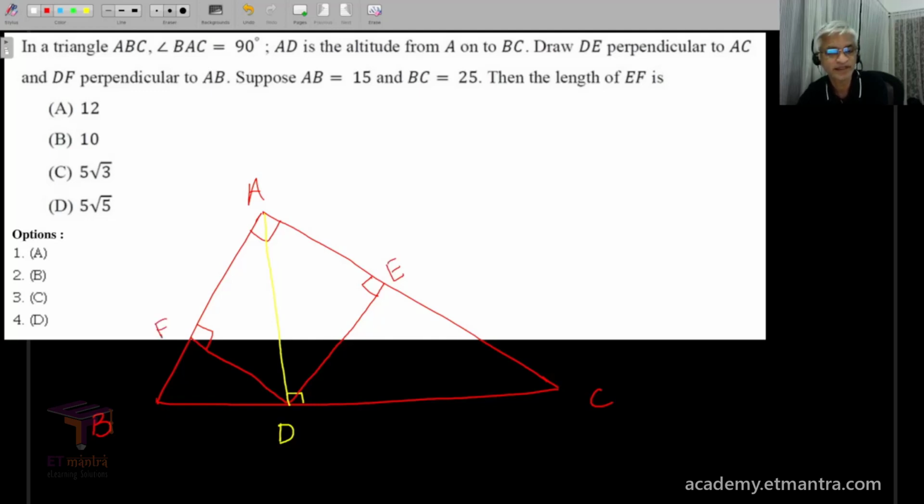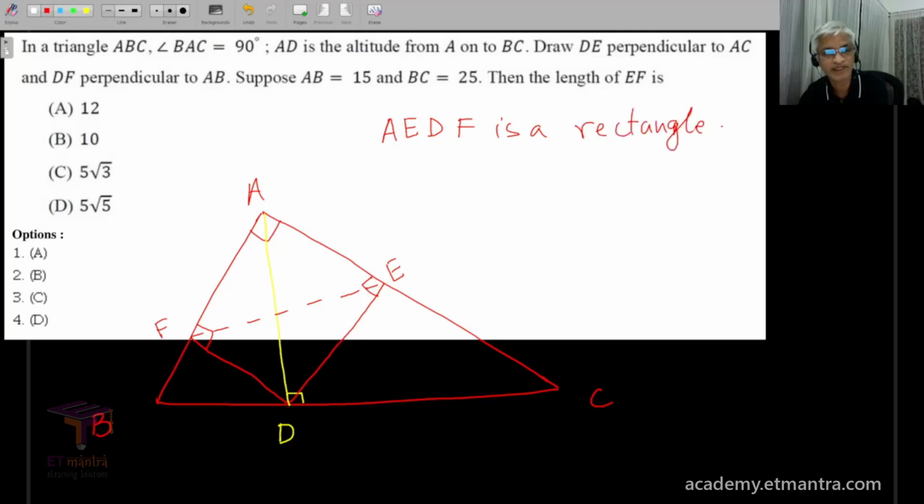This is the tricky part here. Okay, what is he asking? He's asking for EF, and it's important to realize upfront that AEDF is a rectangle. So that, I think, is the tricky part.